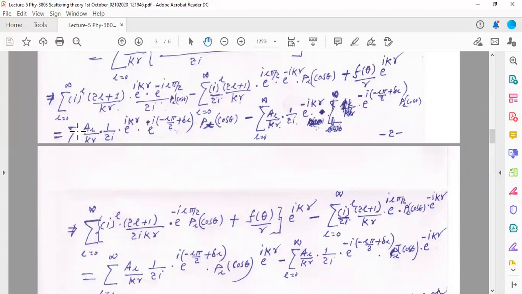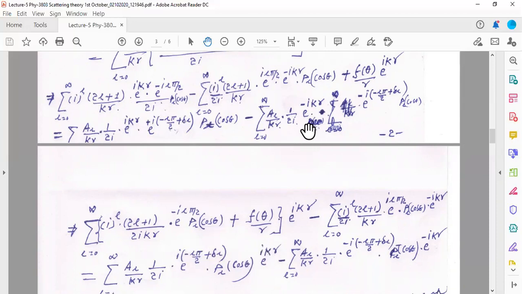So it is a sum over L, A_L over kr, 1 upon 2i, and you see this term e to the power of minus iL pi by 2 times e to the power of i delta L, so this is e to the power of i delta L and P_L cos theta, and you have e to the power of ikr. I hope you understand this.